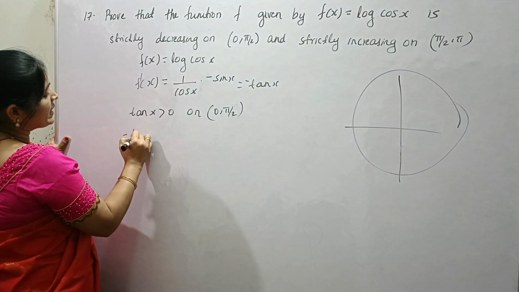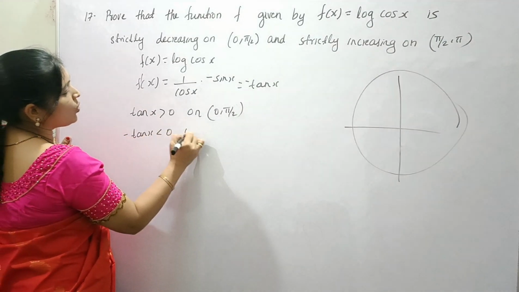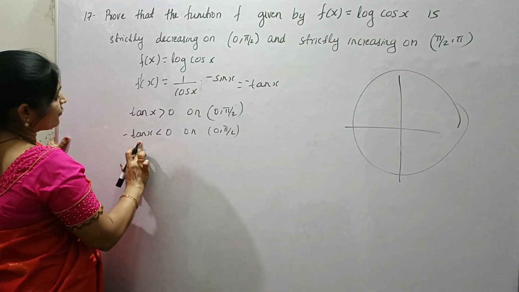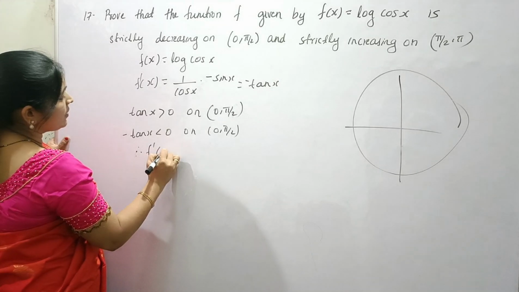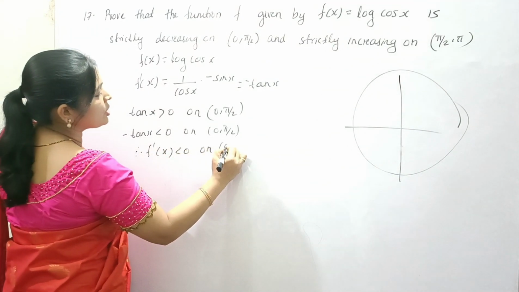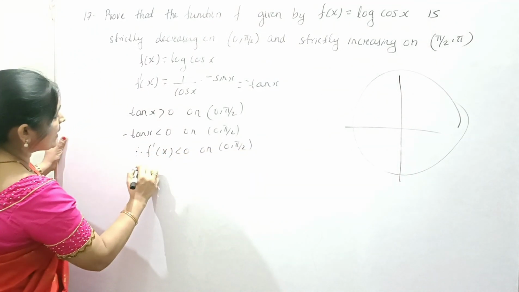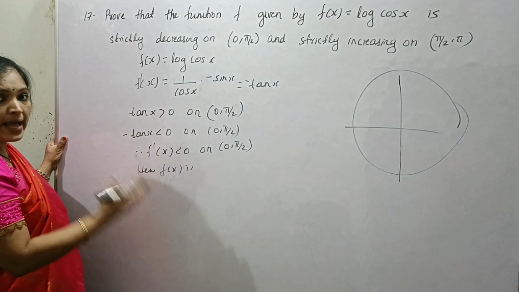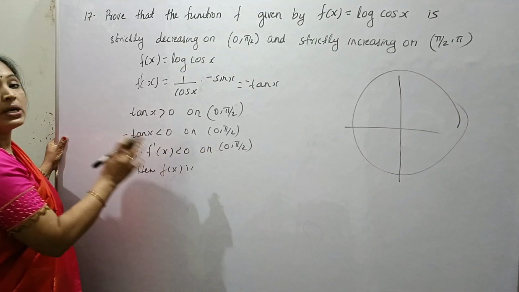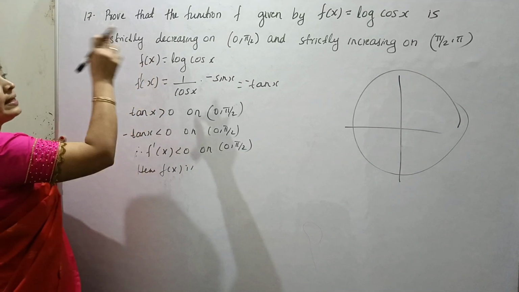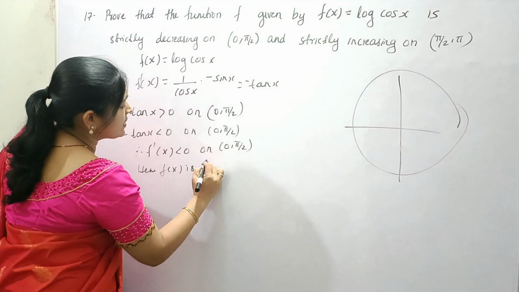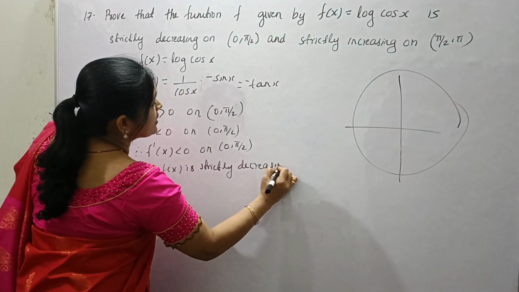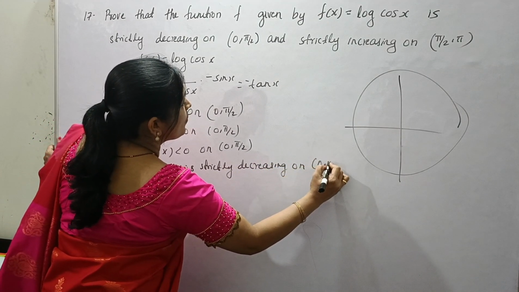Therefore, minus tan x is less than 0 on 0 to pi by 2. That is, f dash of x is less than 0 on 0 to pi by 2. Hence, since f dash of x is less than 0, f of x is strictly decreasing on 0 to pi by 2.